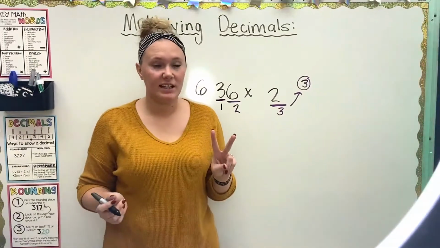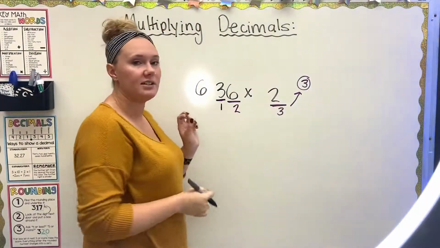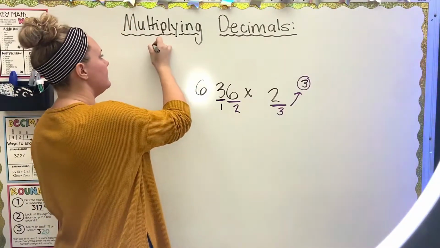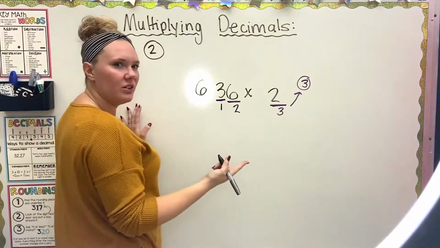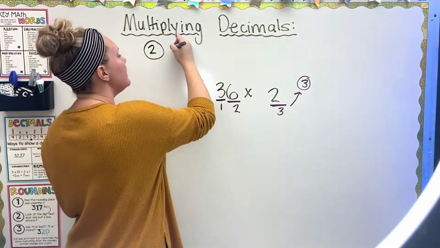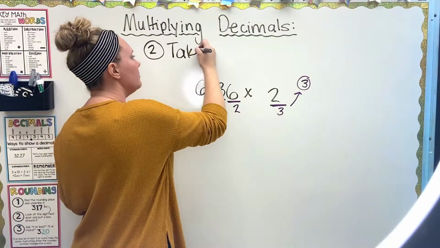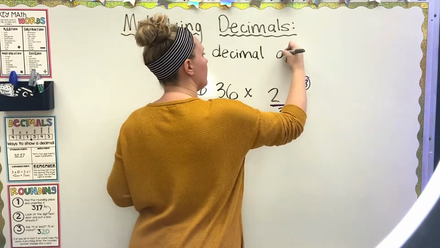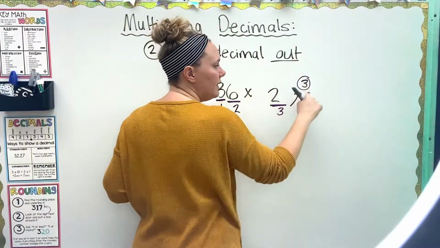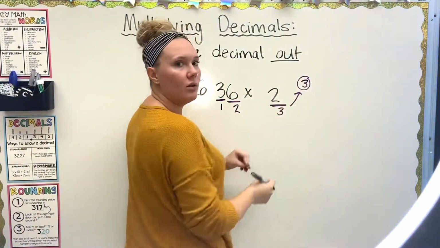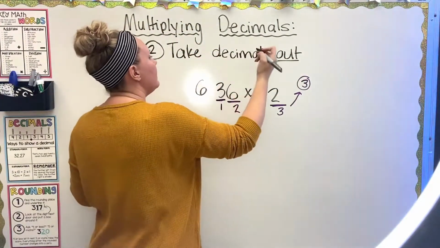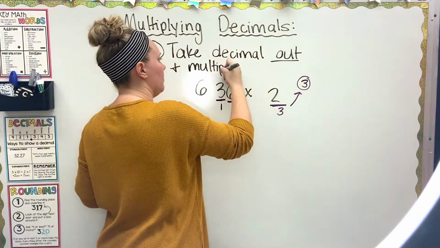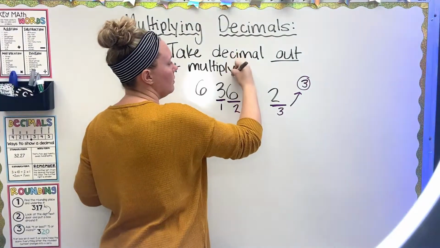So my second step, now that I have looked to see how many decimal places I had in my problem, my second step, which I kind of already started on a little bit, is to take the decimal out, take it out, which we did right here. We took it out, we put it in our little holding bubble, and then multiply normally.